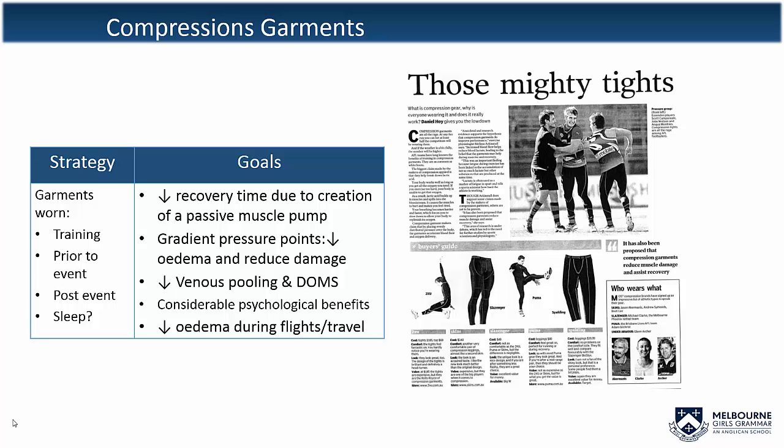Now, where this is good and where compression garments came from is the idea of post-hospital, particularly for elderly people, post-operation in hospital for elderly people who weren't that mobile, compression garments on their legs to make sure that you didn't get venous pooling and so that blood flow would continue back to the core part of the body. And also during flight. So for, let's say, AFL players who are flying over to Brisbane, flying over to Perth, for example, they might use those tights if they're flying directly after a match to decrease the venous pooling in the lower part of their body.